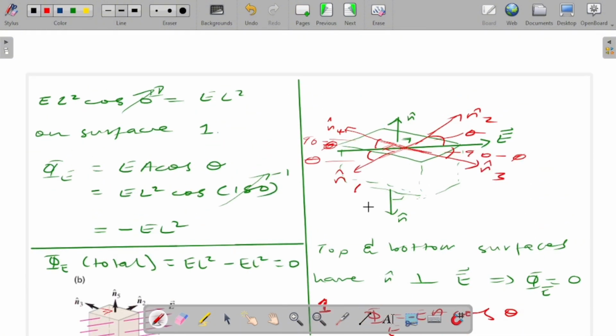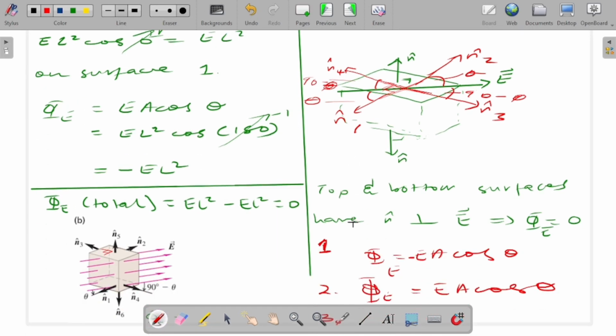When we are writing the equation for N2, you're going to say EA cos of negative theta, right? You brought something very important. Let's see. Is it going to be negative theta? Why?